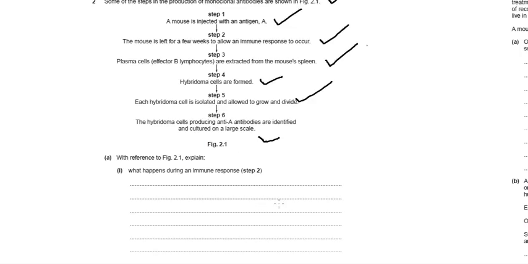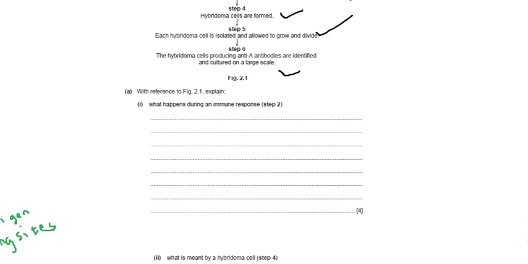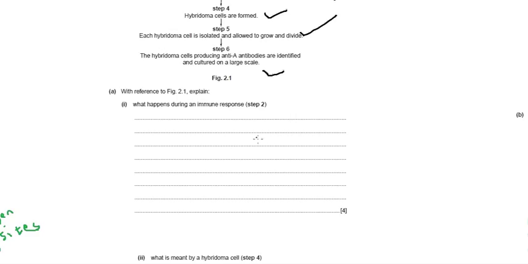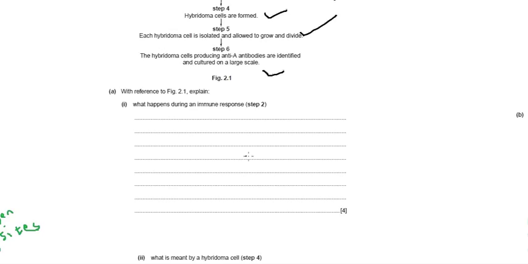With reference to figure 2.1, explain what happens during an immune response. Maybe we have to give the details of the things that happen in an immune response. That's the AS part, but then we can just recall.